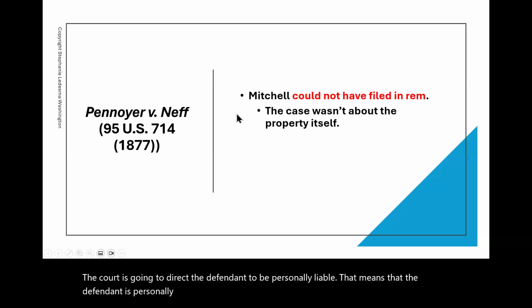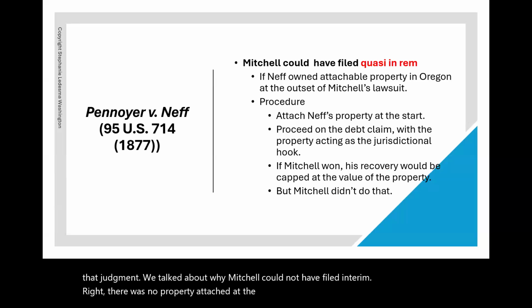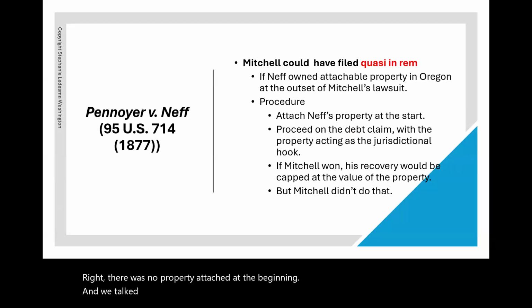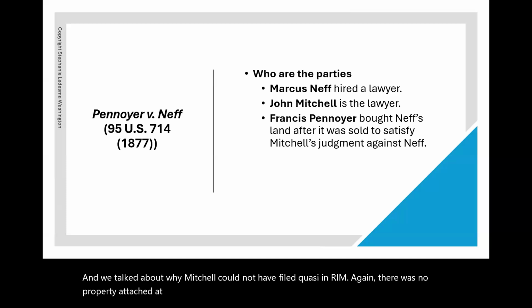We've already talked about the potential ways to satisfy that judgment. We talked about why Mitchell could not have filed in rem, right? There was no property attached at the beginning. And we talked about why Mitchell could not have filed quasi in rem. Again, there was no property attached at the onset.